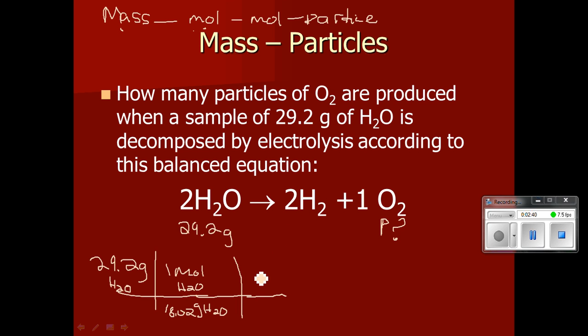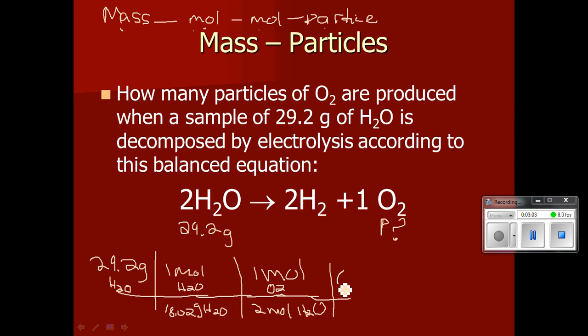Okay, so now we're at the mole part, so I have to go from mole to mole. So I have 1 mole of O2, and then we have 2 moles of H2O on the bottom. And then our last step is mole to particle.